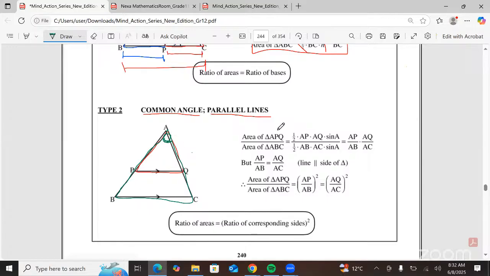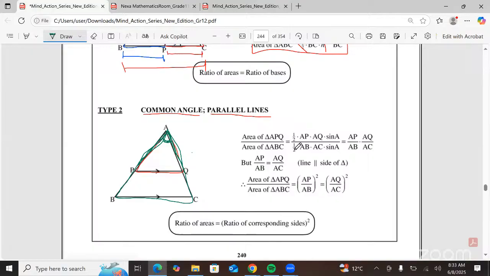So now the area of triangle APQ will be half times those sides that intersect at the angle of focus. These are the sides that we are talking about in the triangle APQ. Therefore, we'll say half times AP times AQ times sine of the angle of focus, all over triangle ABC.